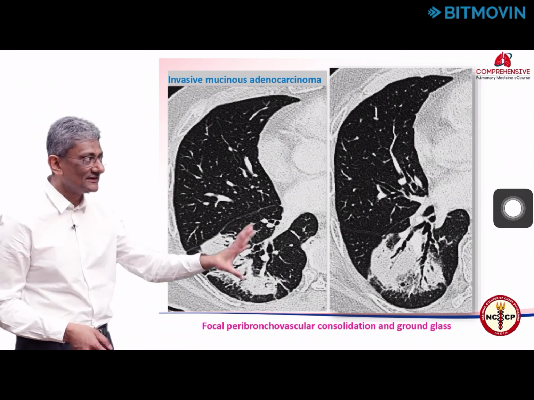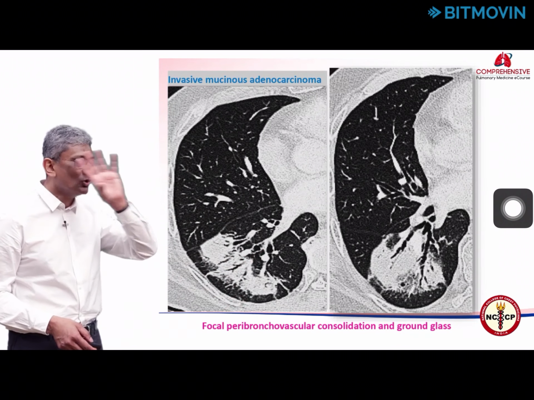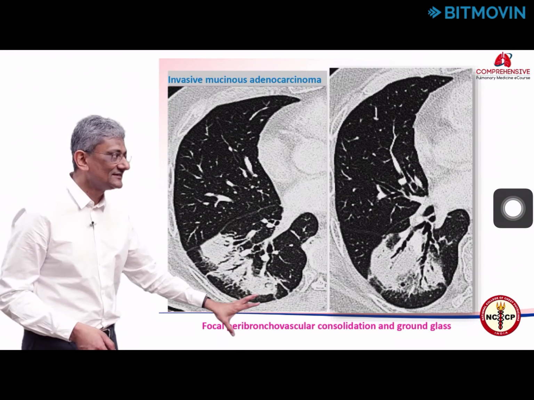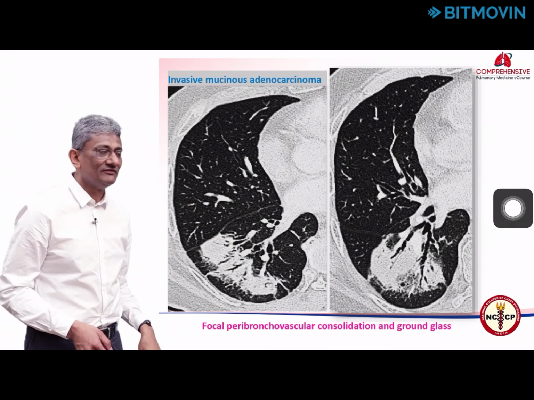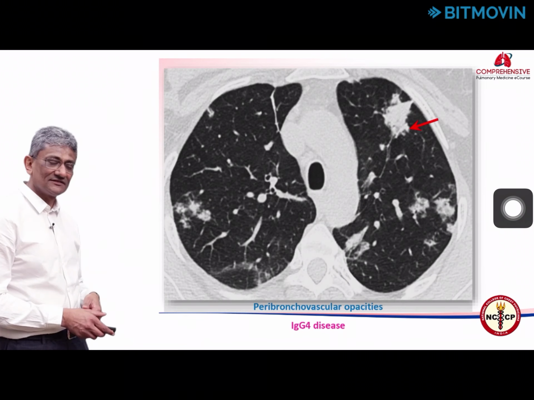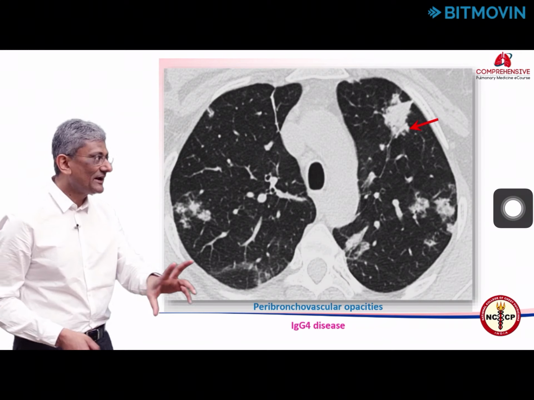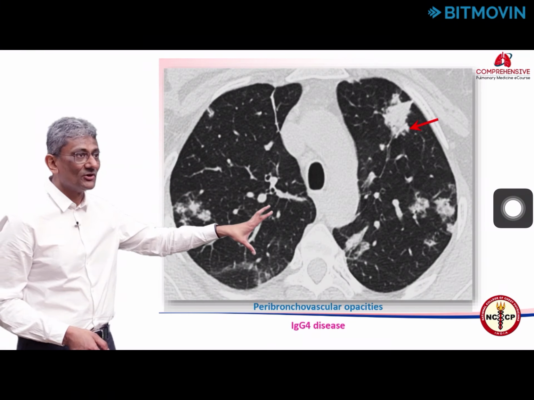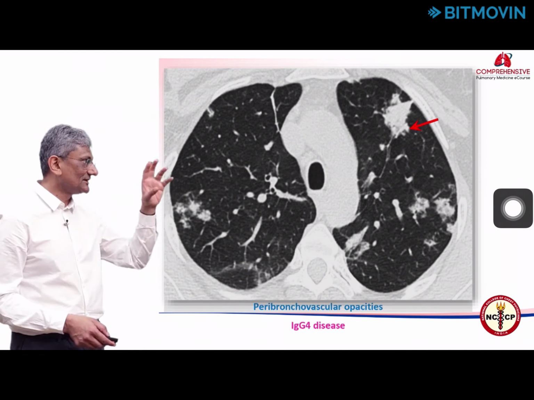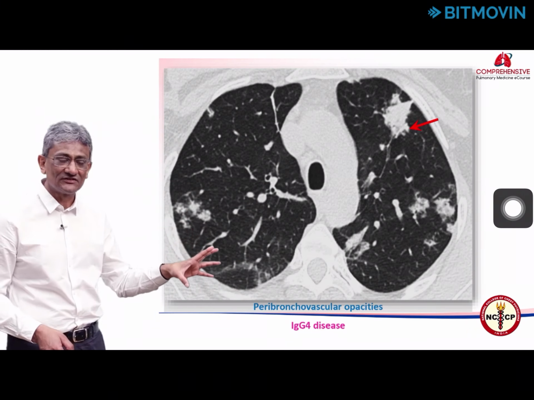Similarly, this is another lady with hemoptysis, no history suggestive of an organizing pneumonia pattern, focal, single segment, and again invasive mucinous adenocarcinoma. Similar patterns may occur with other conditions. So, again we have peribronchovascular opacities, typically a combination of ground glass and consolidation.